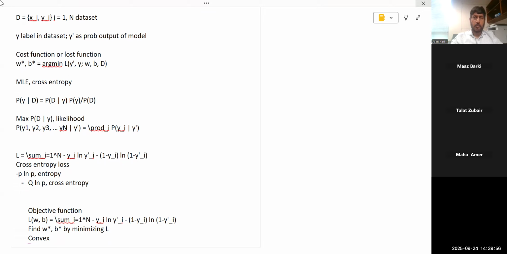Convex का क्या फायदा होगा हमको? Unimodal and convex. ठीक है. So machine learning सबको भूली हुई है लगता है. ठीक है.